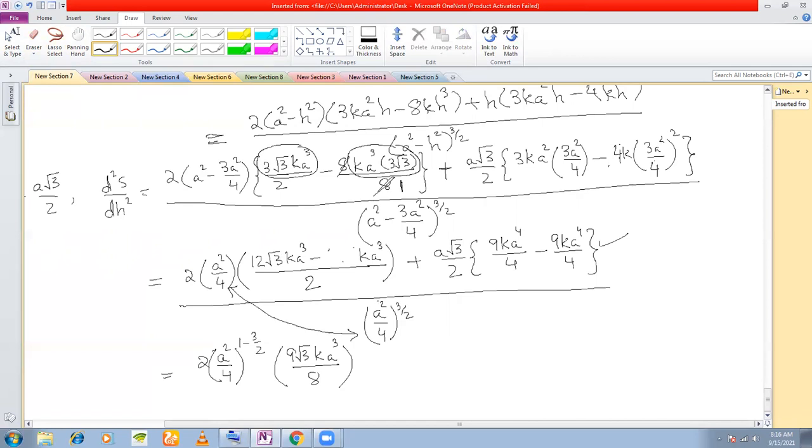Because you have cancelled 8. So this will be 3 root 3 k a cube minus 2 k a cube, 6 root 3 k a cube, right? So what you are going to get here is 3 root 3 minus 6 root 3, which means minus 3 root 3.